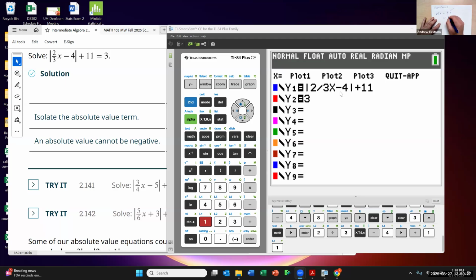It might interpret it like that, which is not what I want. A way that we can make sure that it interprets this stuff properly is if I'd actually come out here and put brackets around everything, or brackets around the 2/3. So open bracket 2 divided by 3, close bracket, then x. For right now, let's see what happens.